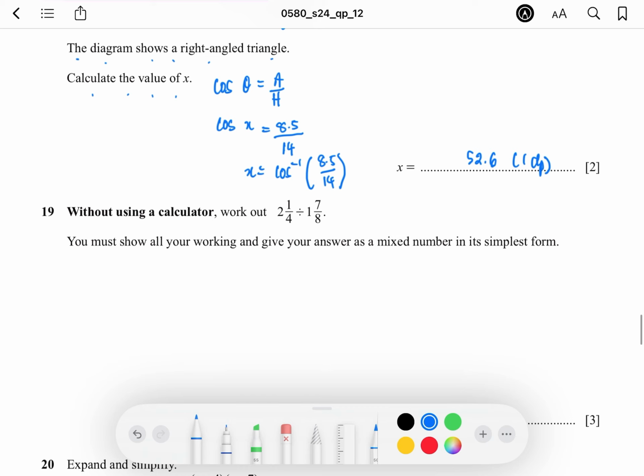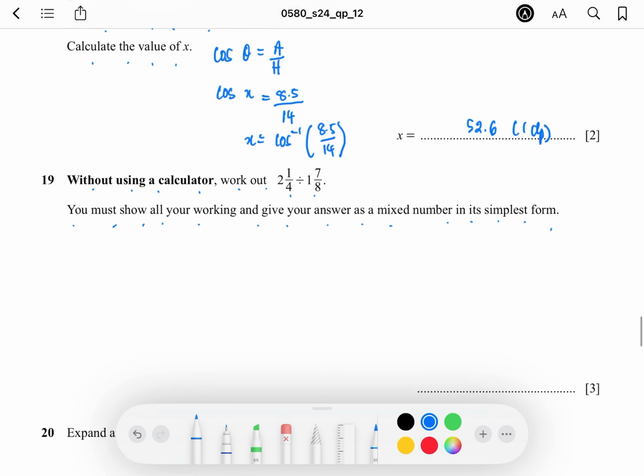Next one, without using a calculator, work out 2 1/4 divided by 1 7/8. You must show all your working and give your answer as a mixed number in its simplest form. For this one, it is as easy as using a calculator.